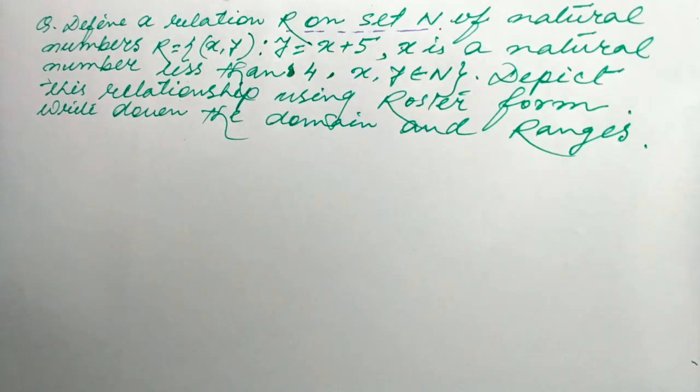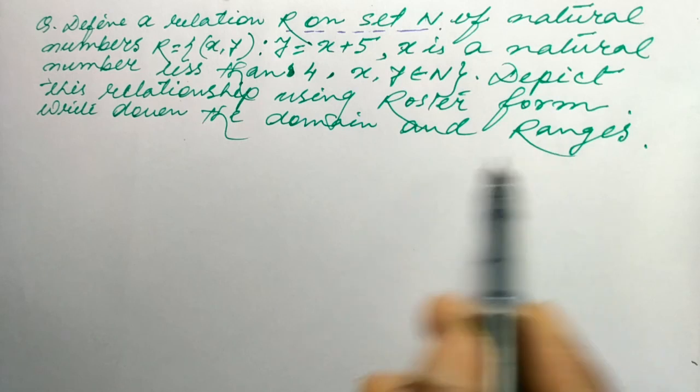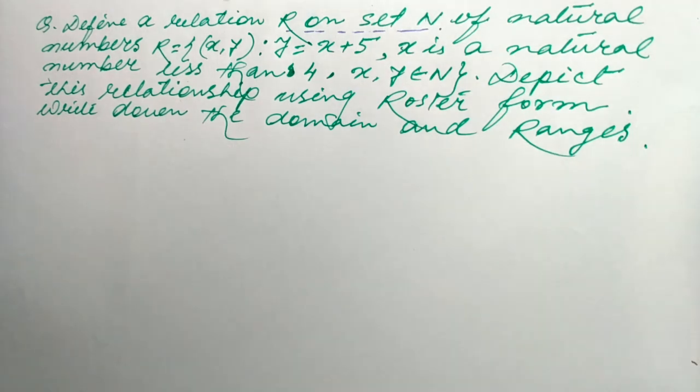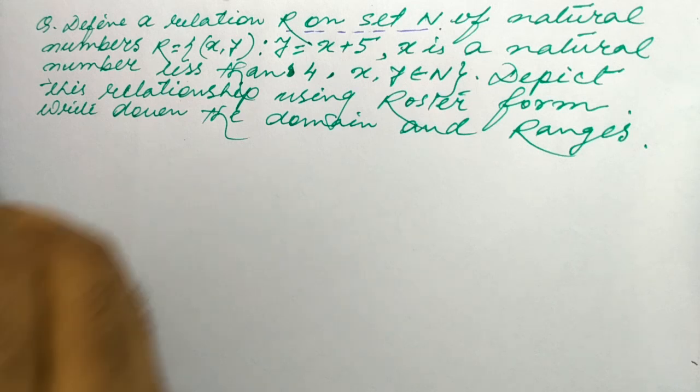That means the input is a natural number, but it must be less than 4. We have to depict this relationship in roster form, and write down the domain and range. Okay, let's solve it.